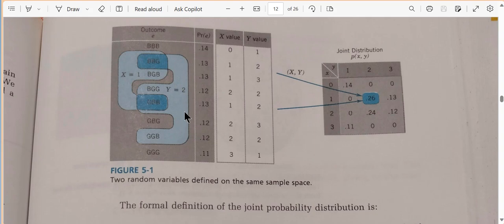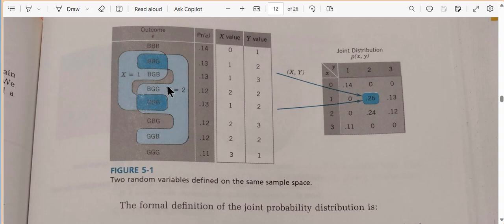Let's check. X equals 1: here, 1 girl. Here, 1 girl. Here, 1 girl. And then y equals 2: here is 2 runs, here is 2 runs, here is 2 runs, and here is 2 runs. But we want the intersection of that. We want 1 girl and 2 runs. So where's the intersection?